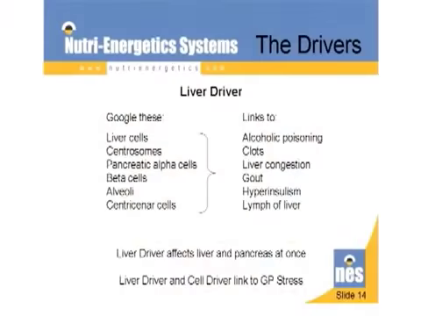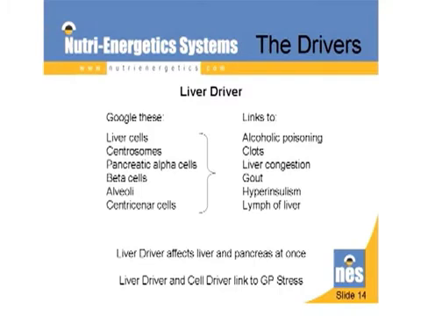All right, having said that, we can move on to liver driver. This is a very complex one. The liver does just about everything physiologically, naturally. We have tags on it linking it to liver cells, centrosomes, pancreatic alpha cells, beta cells, several types of lymphatic cells, and even the vagus nerve, the alveoli and centricina cells.